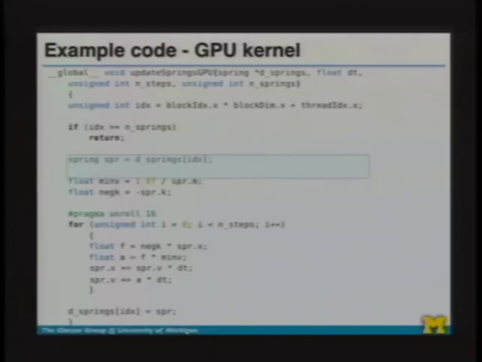Now I always write the code this way because I like to explicitly see, okay, this is global memory or device memory, and I put little d_ in front of device memory pointers so that I can see, okay, that's a device memory pointer. And then the compiler will extremely aggressively place all local variables in registers.